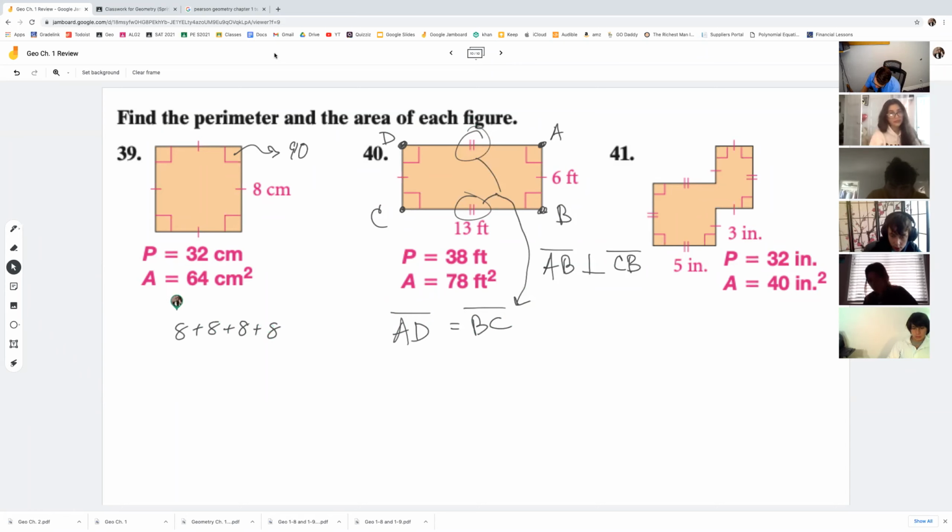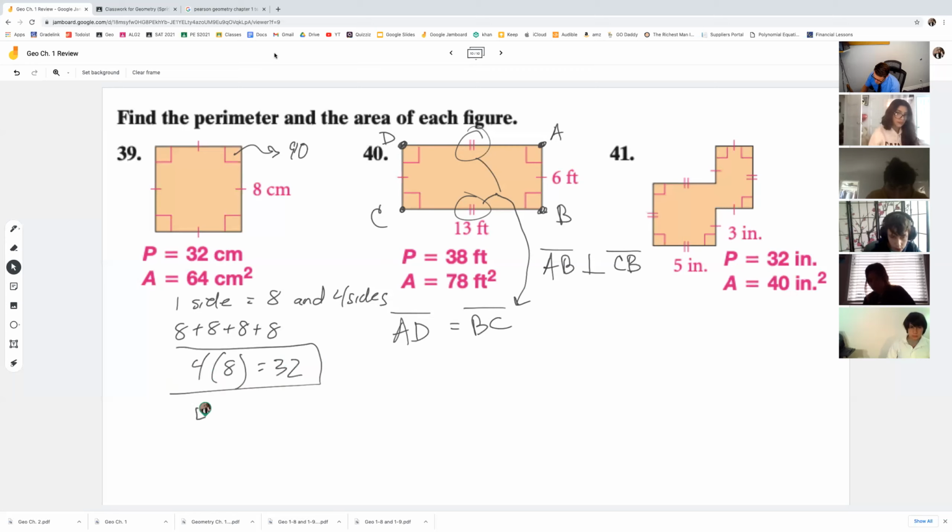One side equals 8, and there are 4 sides. So 4 times 8 is 32. 4s is the formula for perimeter of the square. Now, side times side, or side squared, is the area, which is 8 squared, which is 64.